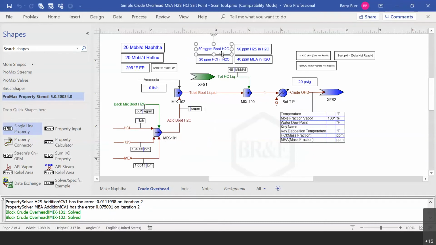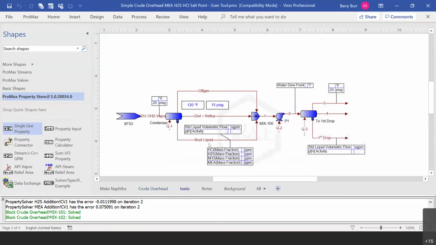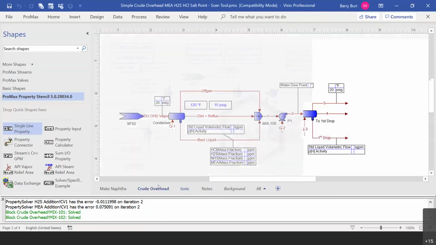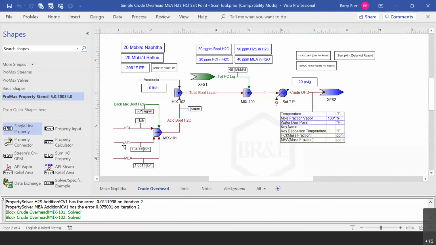Now, each of these compositions, we're trying to force 20 ppm of HCl to form in this boot liquid on the ionic page. So we have a solver on, for instance, this H2S stream right here.